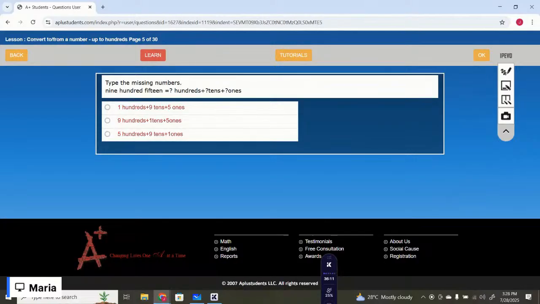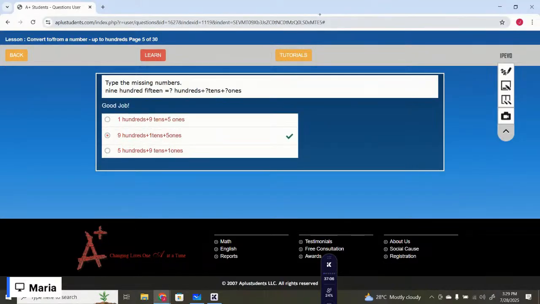Type the missing number 915. So option number 2 is the correct option: 9 hundreds, 1 ten, and 5 ones.